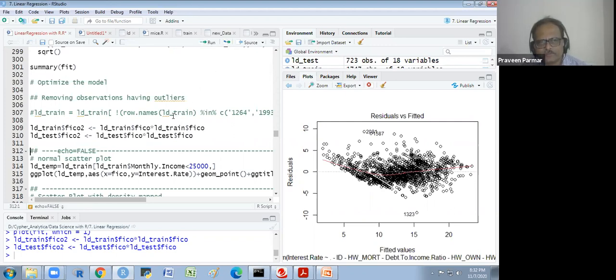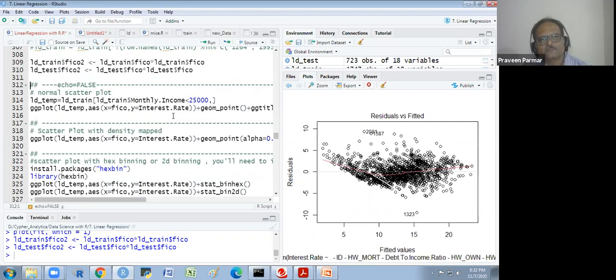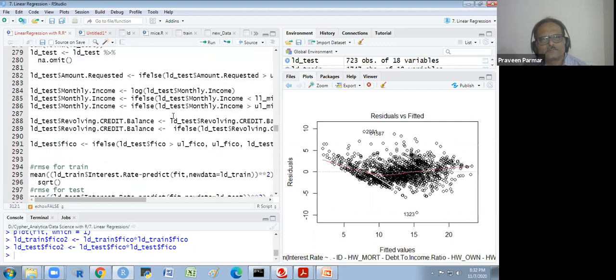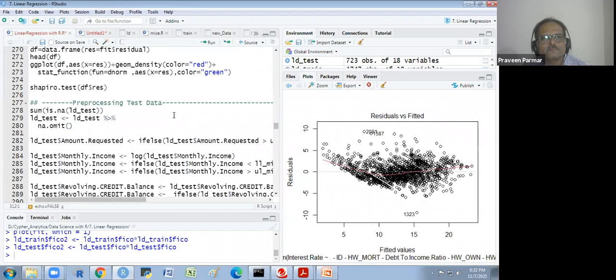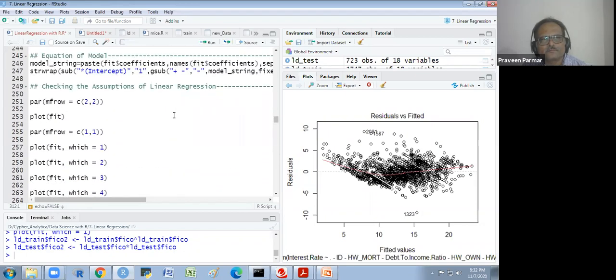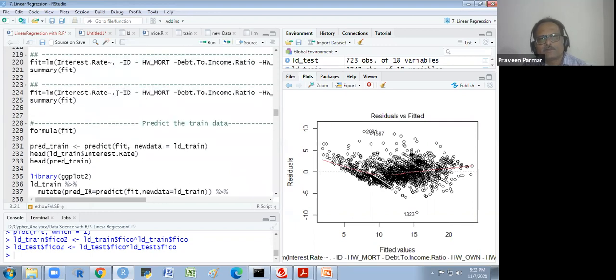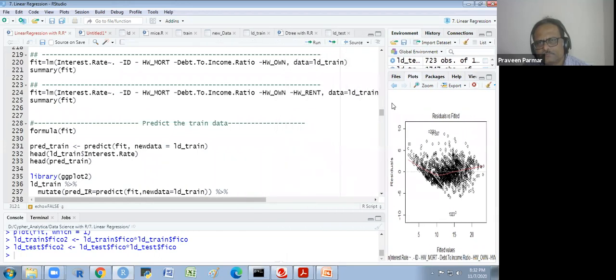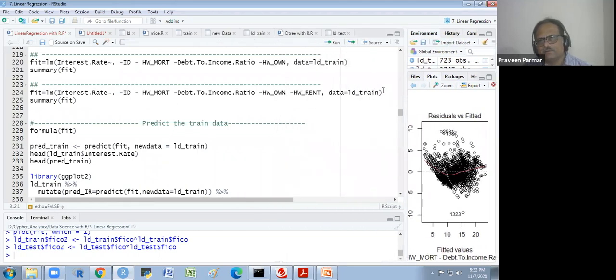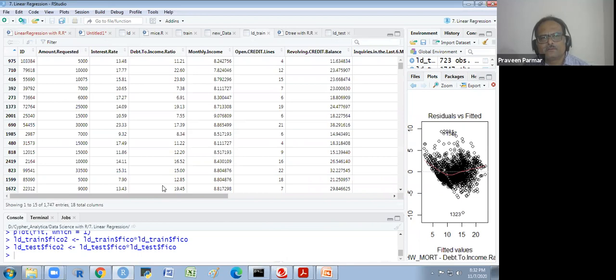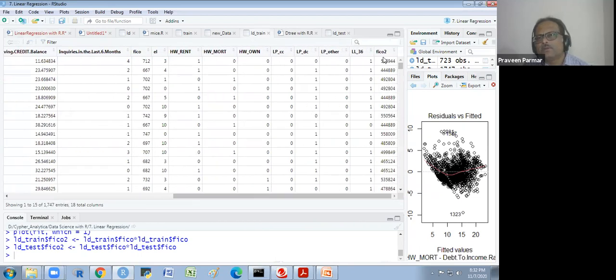How do I optimize the model? This is my model. Okay, final model. Got it? And I have included that FICO square in LD underscore train. I will show you that data. You see, got it?